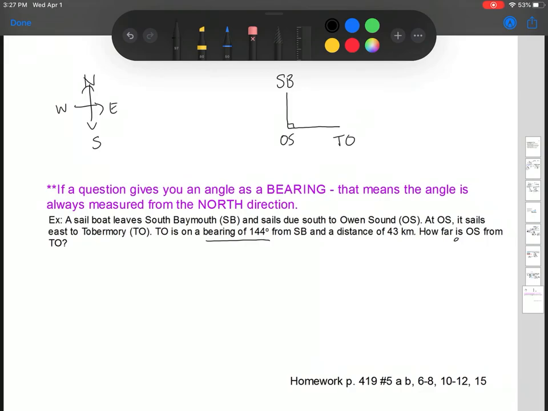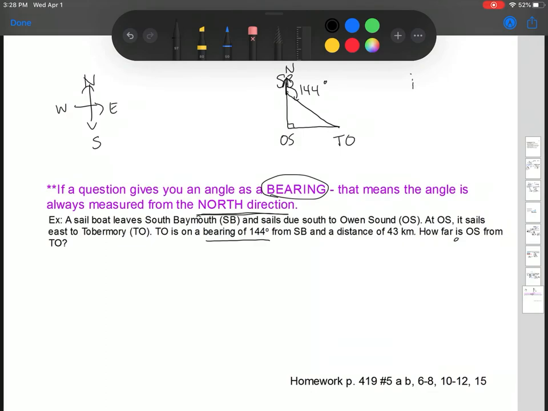South Baymouth, SB. Okay, so it's pretty obvious to fill in our triangle, but we need to know that measure. So what you do to figure out what one of the angles inside the triangle is going to be: when it says bearing, again, one more time, you always measure it from the north. So what this is saying is the north is up here, and then it's on a bearing of 144 degrees to Tobermory.